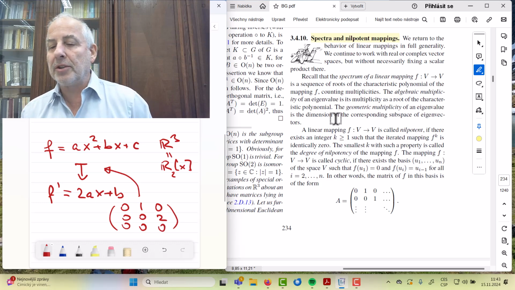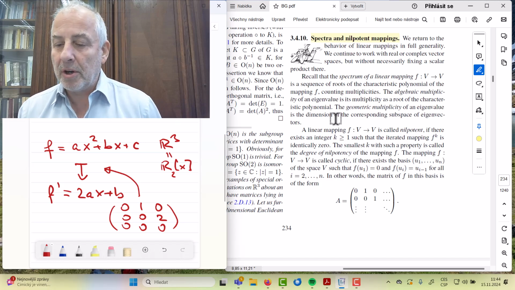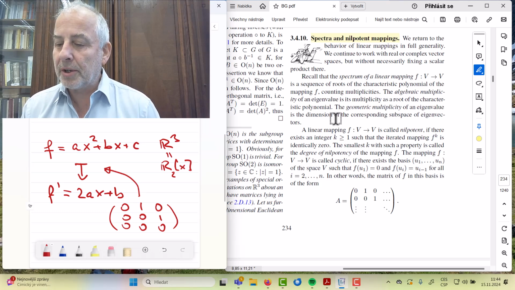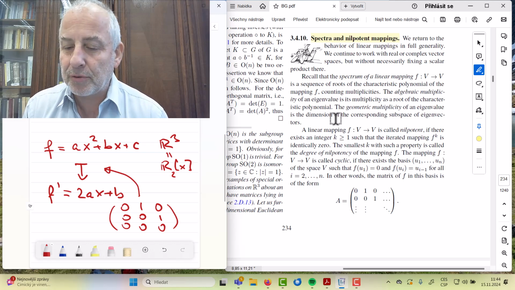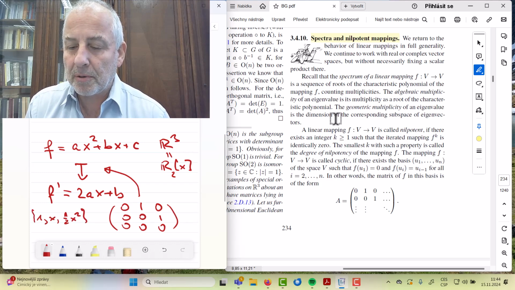So if instead my basis took 1/2 of x squared, then instead of the 2 here, I would get 1, right? So that's for another choice of the basis. So now for me the basis is 1, x, and 1/2 of x squared, right? So that's the basis.